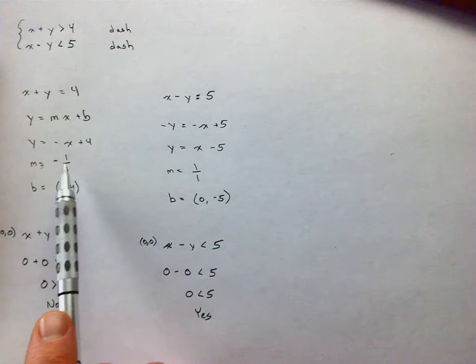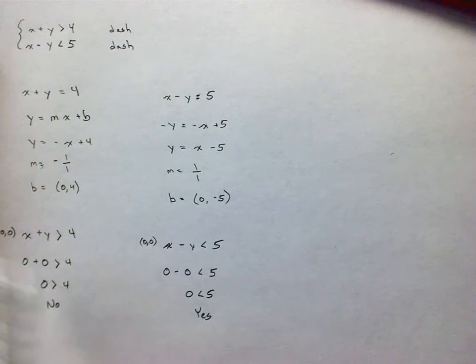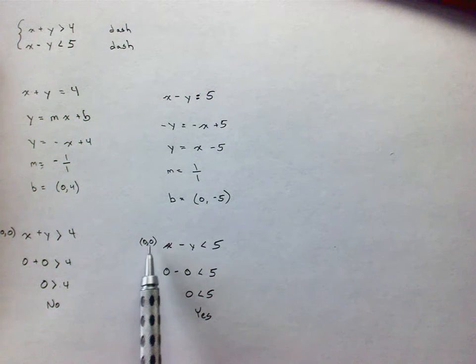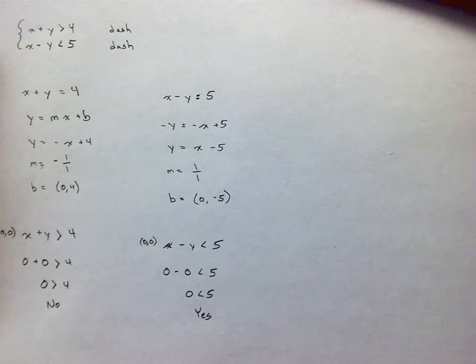And then once you have it graphed, plug in the easiest point. If the line goes through the origin, don't use the origin. Plug in the easiest point on one side or the other of that line and solve to see if it's true. And then shade on the corresponding side.